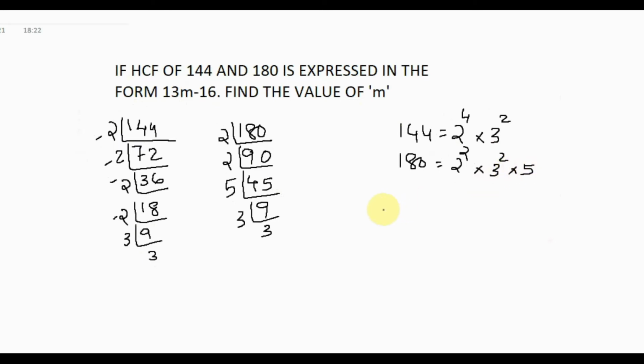So, we can write HCF is equal to the least power of the common numbers. Here 2, the least power is 2 raised to 2, into 3 to the power 2. 5 is not common.